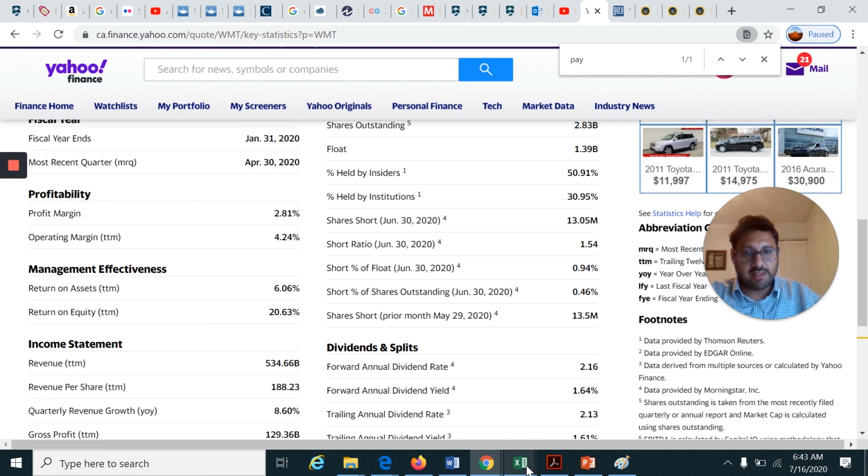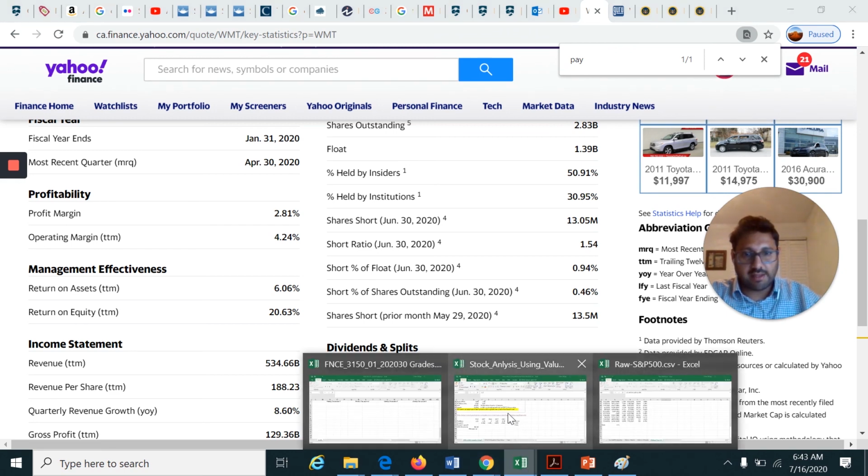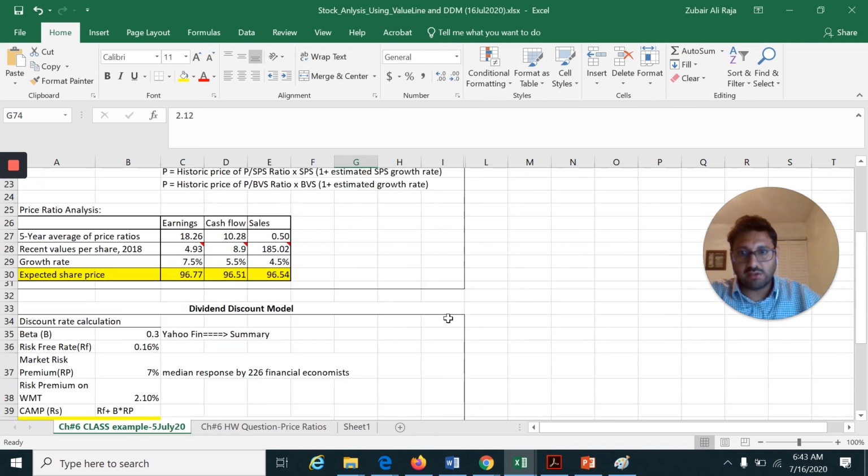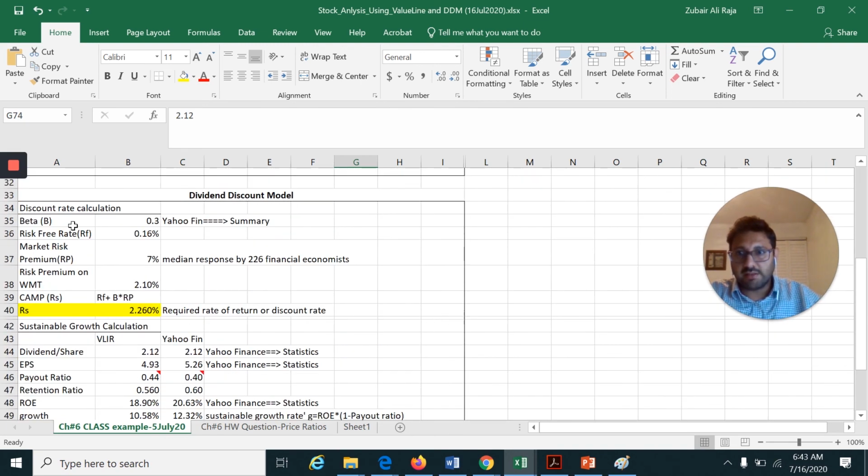In the Excel file, I just put the notations. For example, this is the required rate of return calculation. I know I can get beta from Yahoo Finance. I can also get the beta from Value Line.